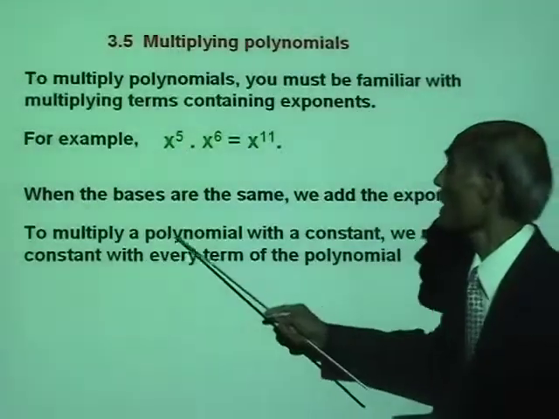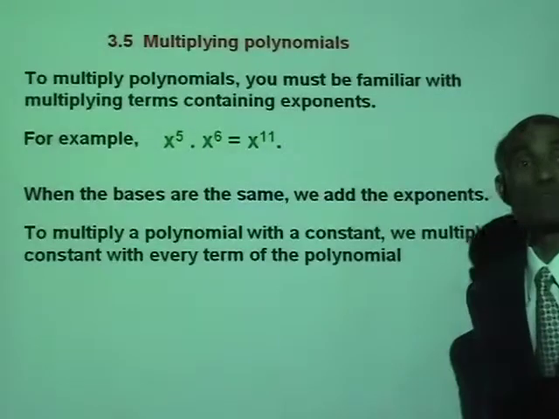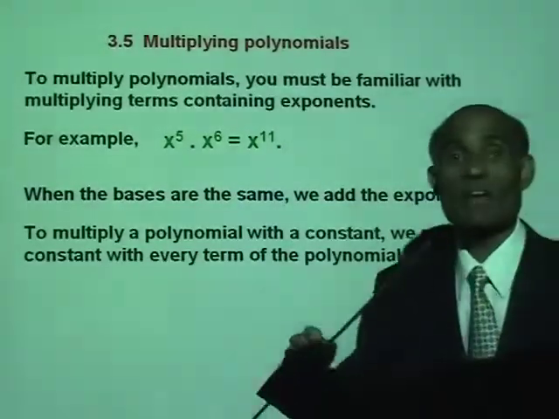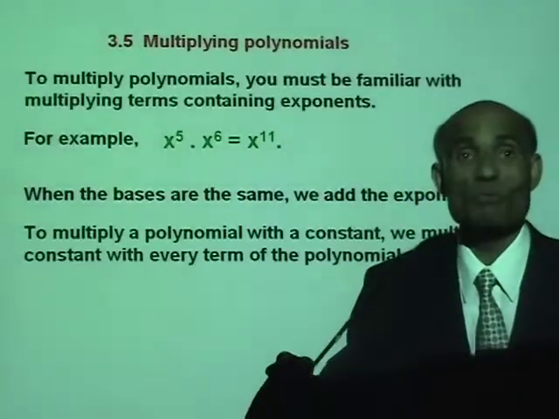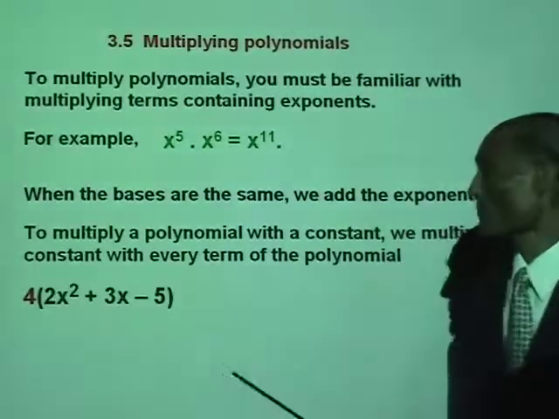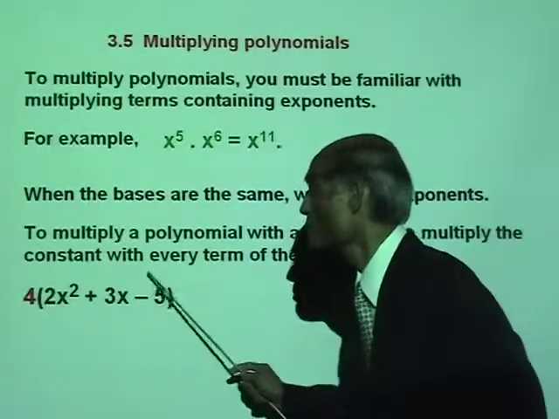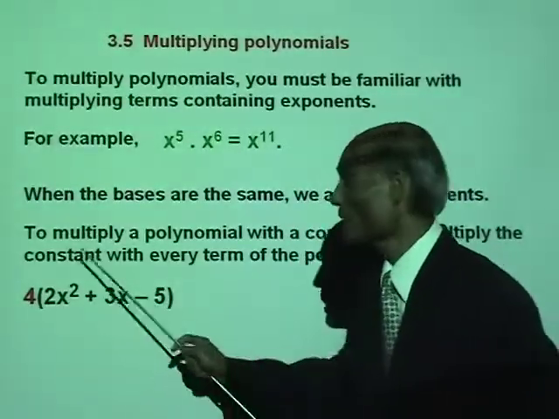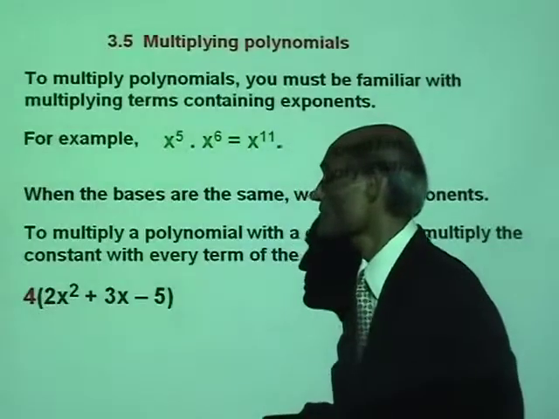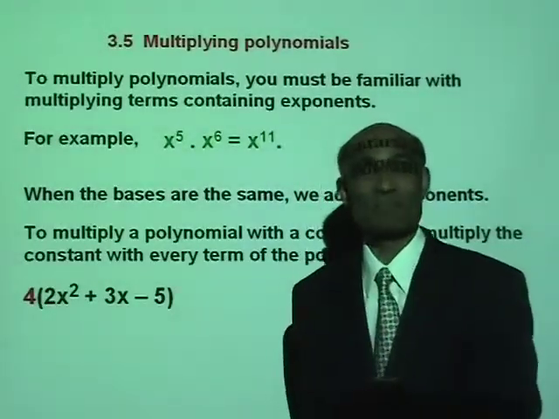Now, to multiply a polynomial with a constant, all you need to do is multiply every term of the polynomial with that constant. For example, you want to multiply 4 by this polynomial. How do you read it? 4 times 2x squared plus 3x minus 5.